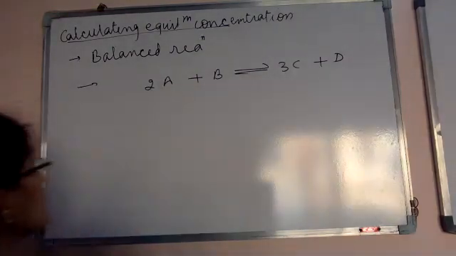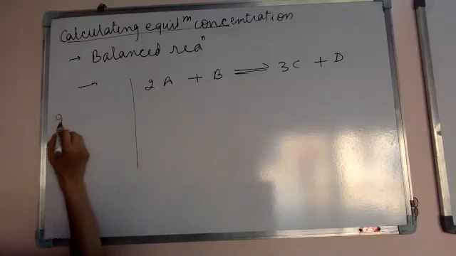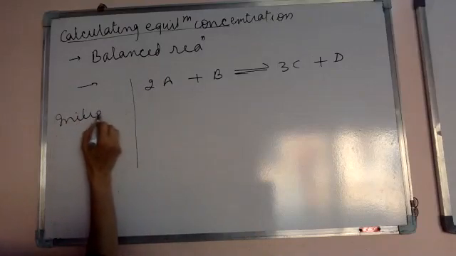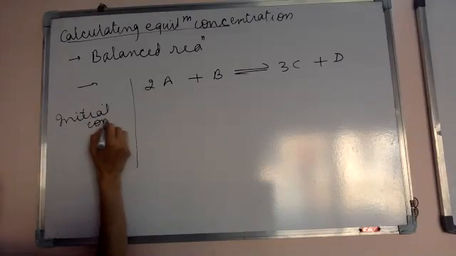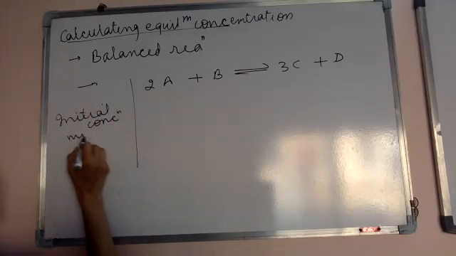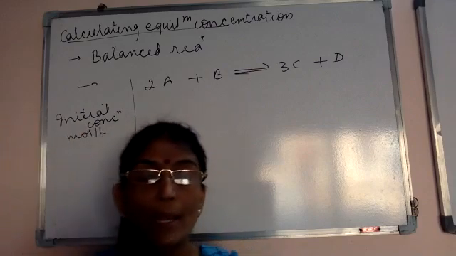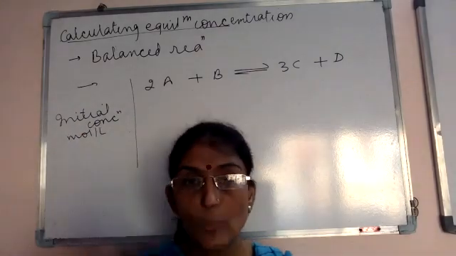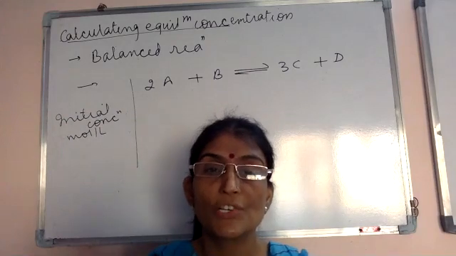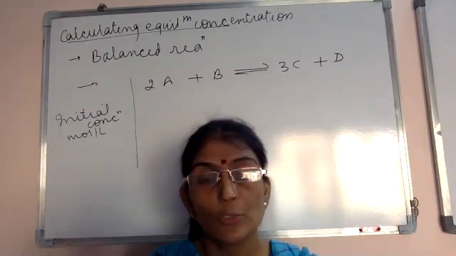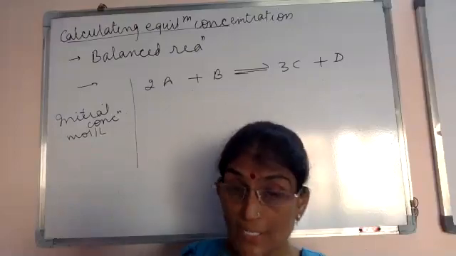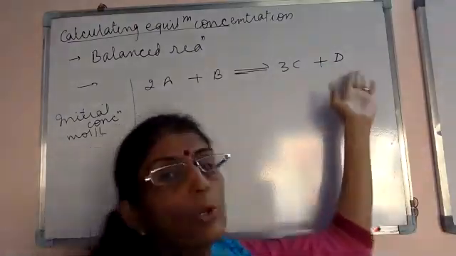कैसे बनाना है टेबल? सबसे पहले हमको इनकी इनिशियल कॉन्सेंट्रेशंस लिखना है. क्या लिखना है? इनिशियल कॉन्सेंट्रेशन इन मोल पर लीटर. गिवन होगा, बोलेगा A का कॉन्सेंट्रेशन है 2 मोल पर लीटर, B का कॉन्सेंट्रेशन है 3 मोल पर लीटर. तो जो भी आपको दिया हो इनिशियल कॉन्सेंट्रेशन, जिसका भी दिया हो सकता है इनका भी इनिशियल कॉन्सेंट्रेशन दिया हो.